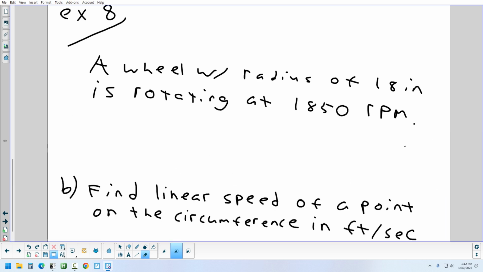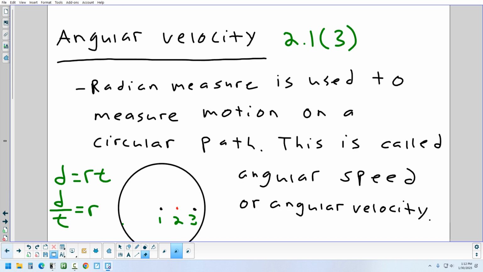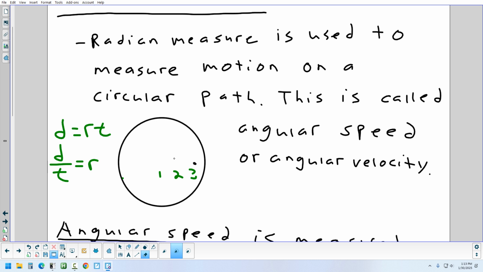So let's figure out the linear speed of the wheel at a point right on the edge of the tire. Because if you go back to the disc, every point on the wheel is at a different speed. I want to know right on the edge of the tire, the speed of the wheel.